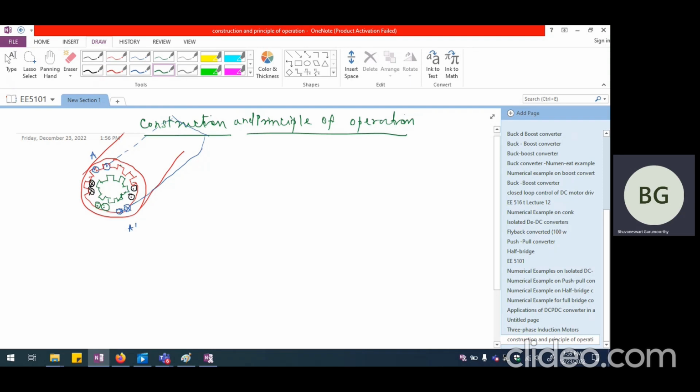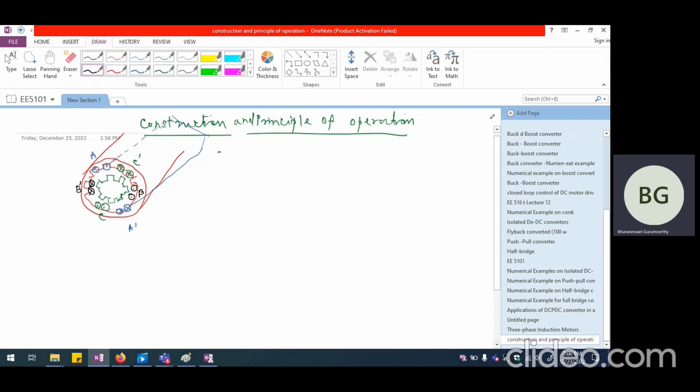And I'm going to have the cross of C phase on the opposite side. So this is C dash and this is C. And this is B and this is B dash. So A phase, B phase and C phase windings are distributed and arranged in a space-shifted manner within this inner periphery of the stator, the stator slots themselves.